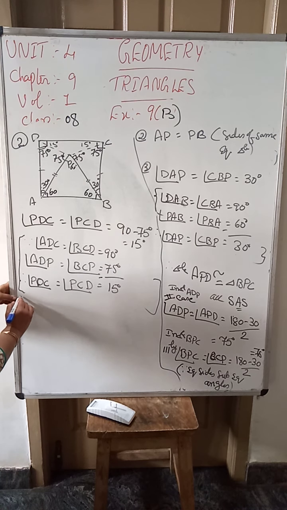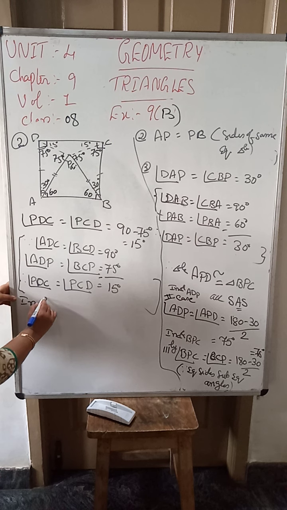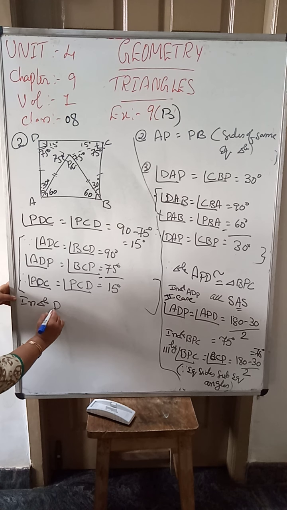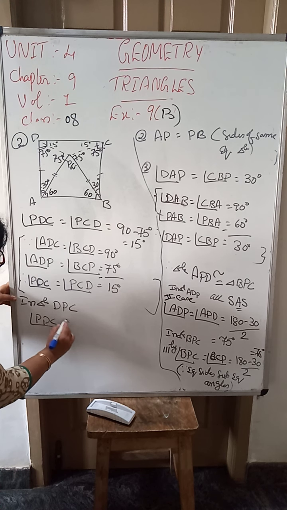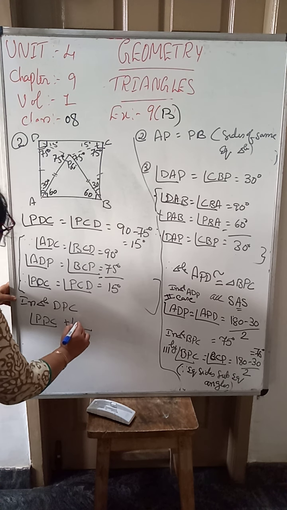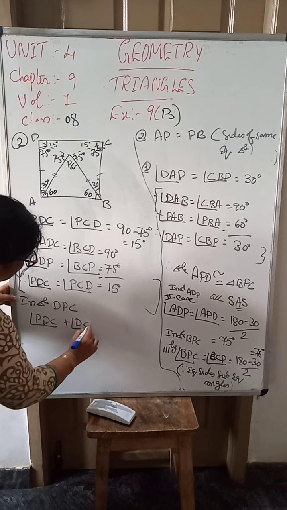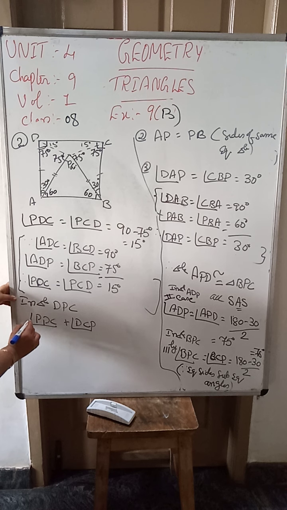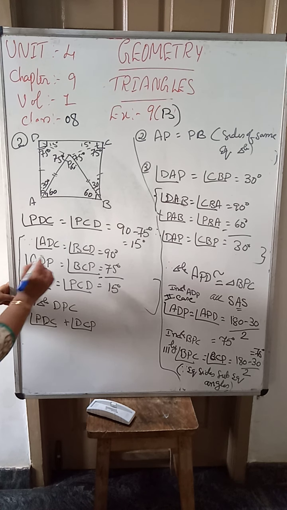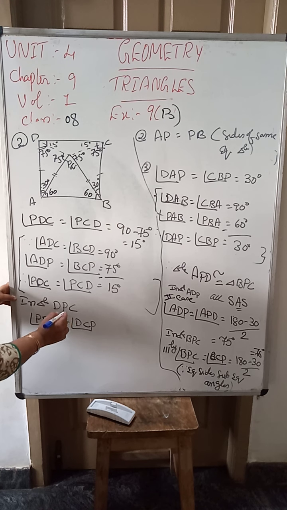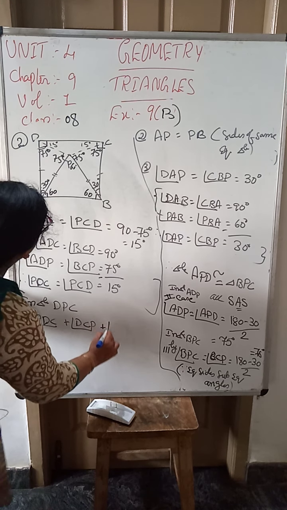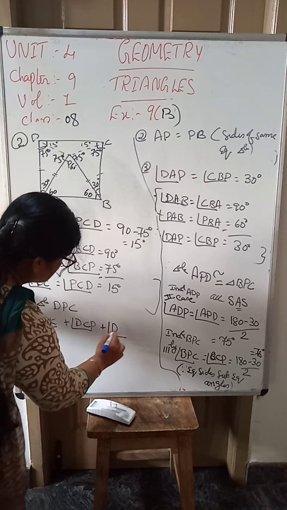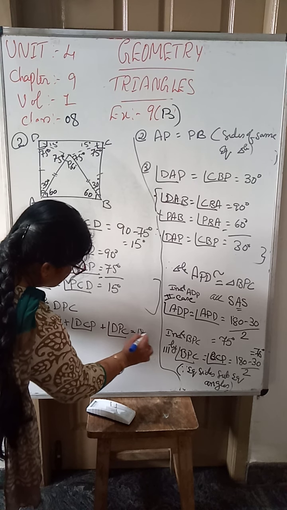Now children, in triangle DPC, angle PDC plus angle DCP plus angle DPC is equal to 180 degree.